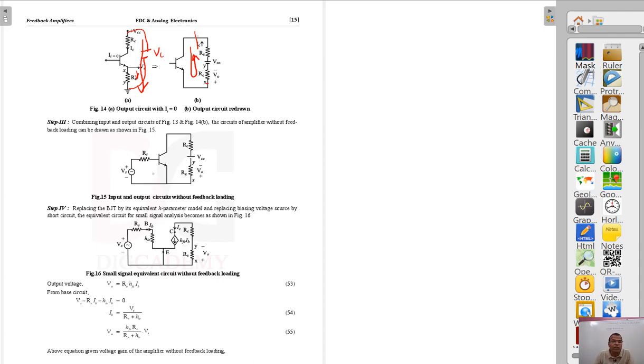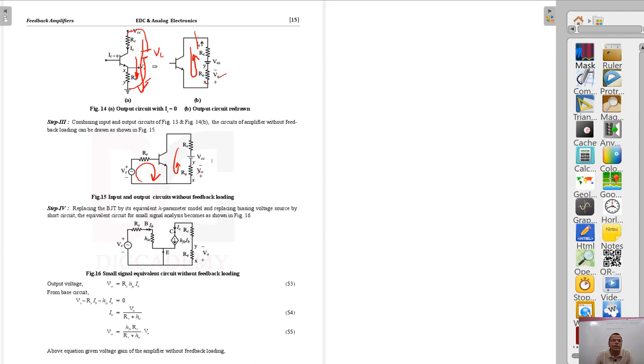You can see this was shorted for the input circuit, so this is the input circuit without feedback loading. We have removed that, because for the input side it is shorted, and for the output side it appears in the path of the current IC. So I have taken this resistance RE on the output side here.